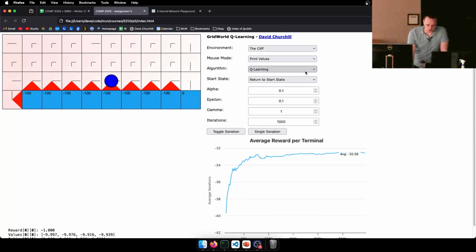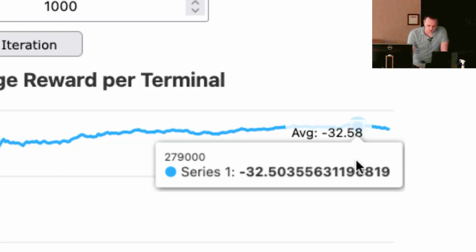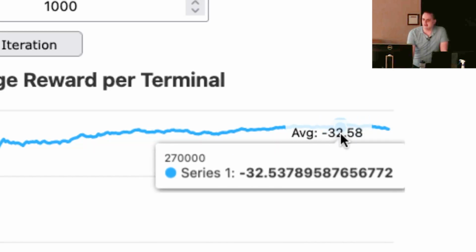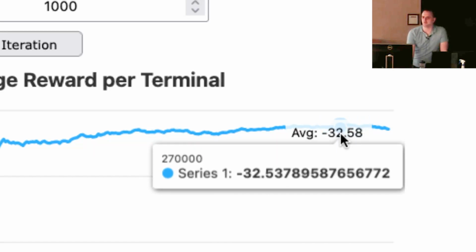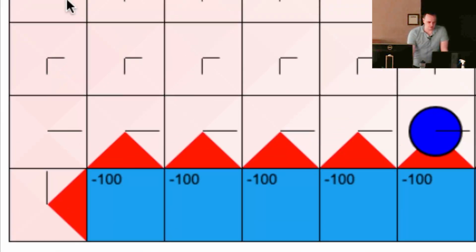For Q-learning, the average reward per terminal state ends up being about negative 32. The reason it's negative 32 is because we hit those negative 100s all the time. In training, we're still using epsilon greedy, and Q-learning is having us go right across next to the cliff.